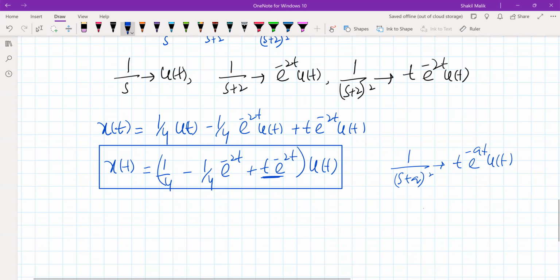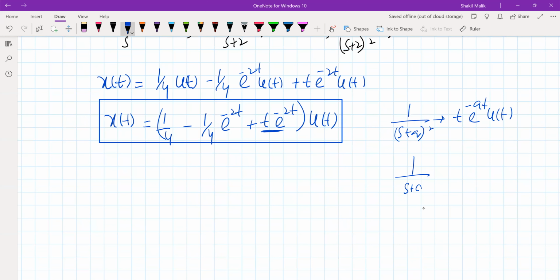Now if this was a cubic term, S plus a whole cube, then the inverse Laplace transform will be simply 1 by 2 t square e to the power of minus at. Okay, it goes like this. Check the inverse Laplace transform of 1 by S plus a whole cube, and you will get the answer.